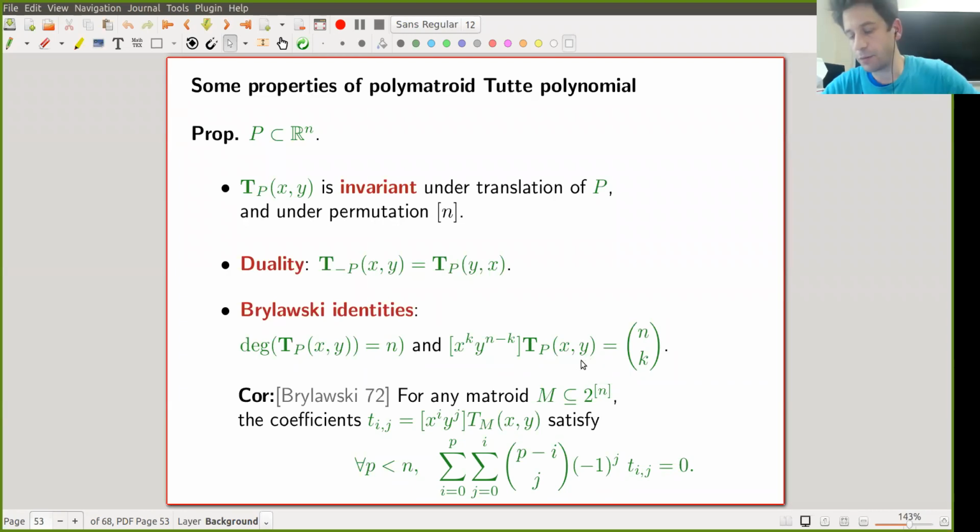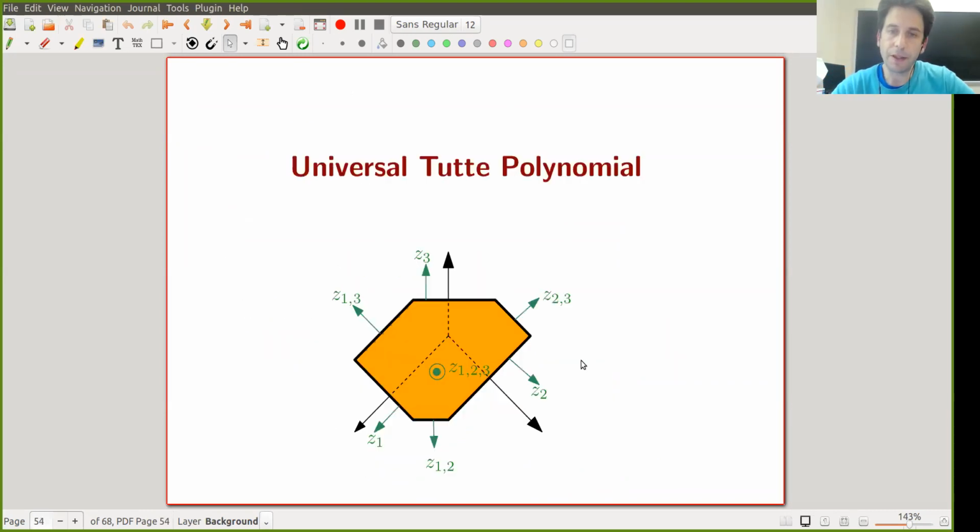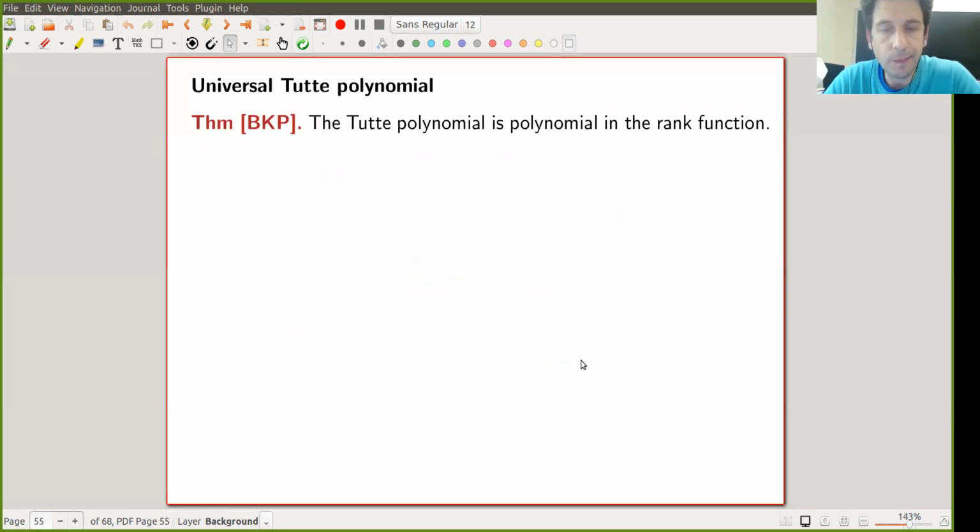It has some other nice properties that I'm going to skip. Since I'm running out of time, let me just say what this other part that I've not presented is about. As I said, it is about showing that the Tutte polynomial is naturally a polynomial function of the rank function values.